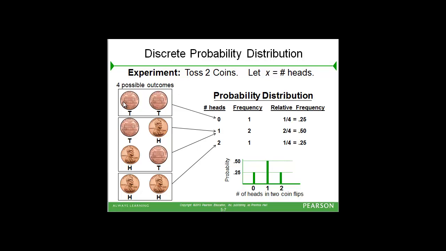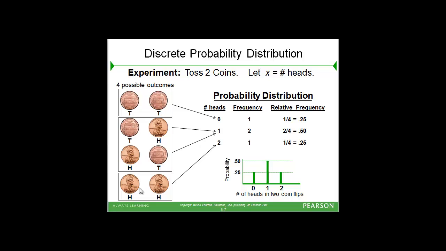The first outcome is you toss 2 coins and both coins are tails facing up. The second outcome might be the first coin tail facing up, the second one head facing up. And the third outcome might be the first coin head facing up and the second coin tail facing up.